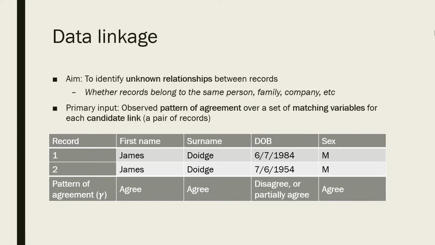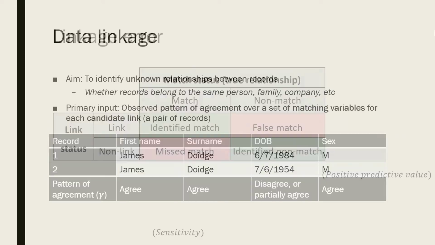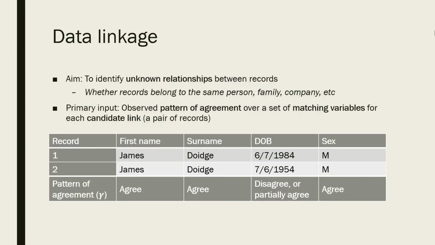So if we take these two records as an example, then the pattern of agreement that they exhibit is agreement on first name, agreement on surname. The dates of birth disagree, but the gender is the same. So perhaps these are two records that truly do relate to me, or perhaps one is me and one is my father.